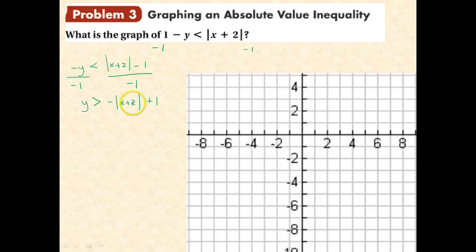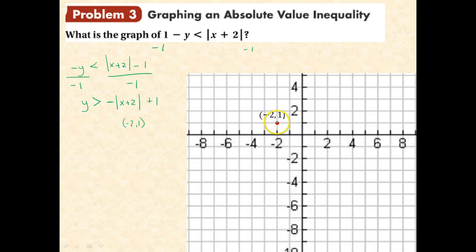So that tells you that it's an absolute value that's been translated 2 units to the left, 1 unit up, and then flipped across the x-axis. So let's take a look. Our vertex is going to be negative 2, 1.